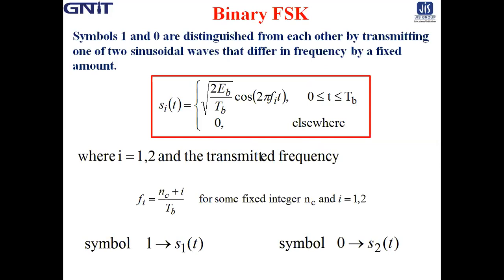In binary FSK, which is abbreviated as FSK, frequency shift keying. In a binary FSK system, symbol 1 and symbol 0 are distinguished from each other by transmitting one of two sinusoidal waves that differ in frequency by a fixed amount.